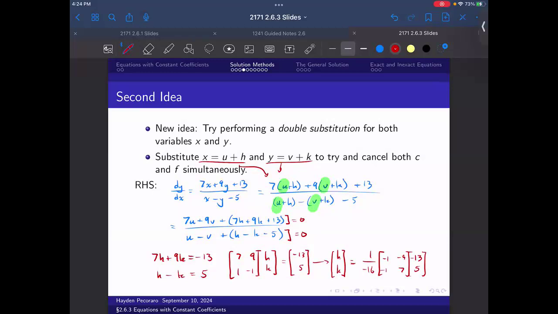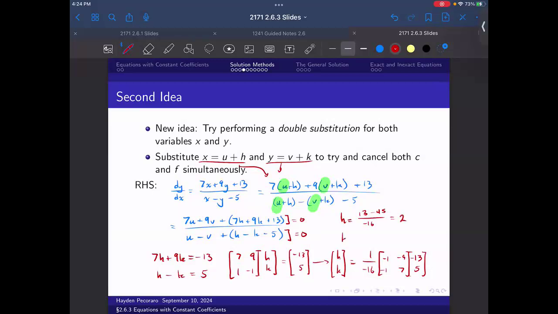So here we get h equals 13 minus 45 over negative 16, which is, I think, 2.